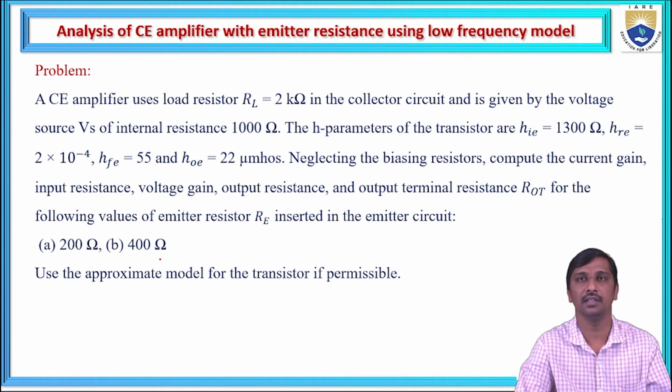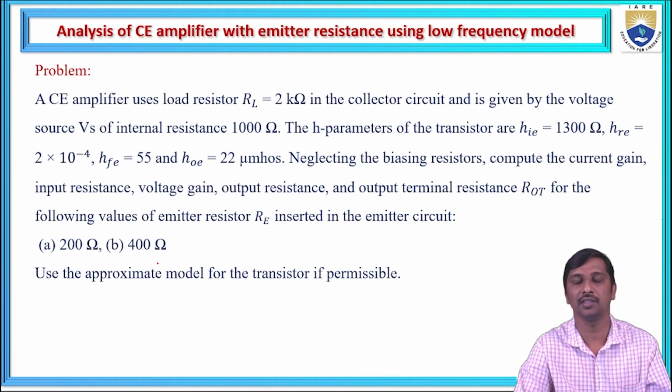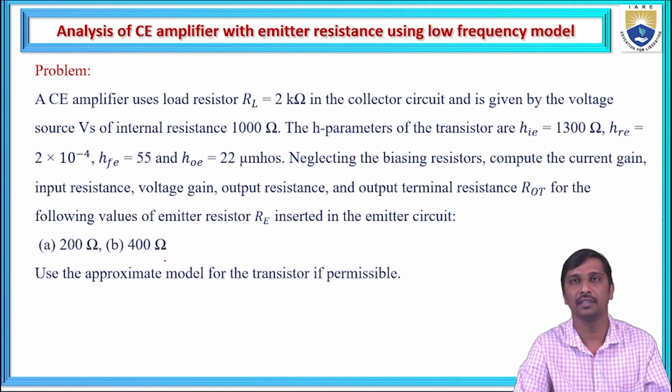But we know that the h-model analysis has two types of analysis: one is exact model analysis, another one is approximate analysis. So in this case, we need to first find out which model we need to choose, either exact model analysis or approximate model analysis.